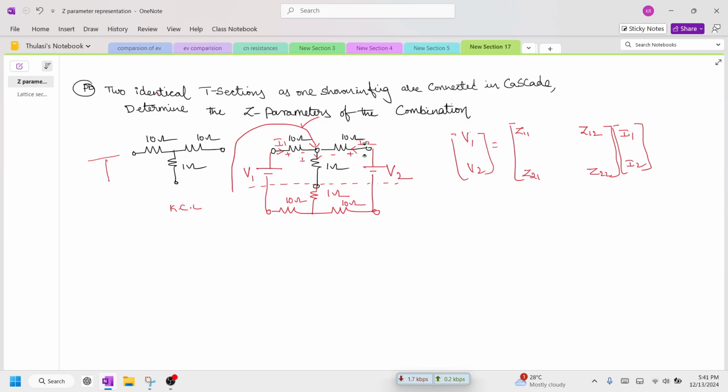Let's mark this current as some Ix. Therefore, when you apply the KCL, entering currents to this node, the node marked in red color, the two currents are entering. The entering currents are I1 plus I2. What is the leaving current? Which is nothing but Ix. Therefore, the current Ix is nothing but the sum of I1 plus I2.